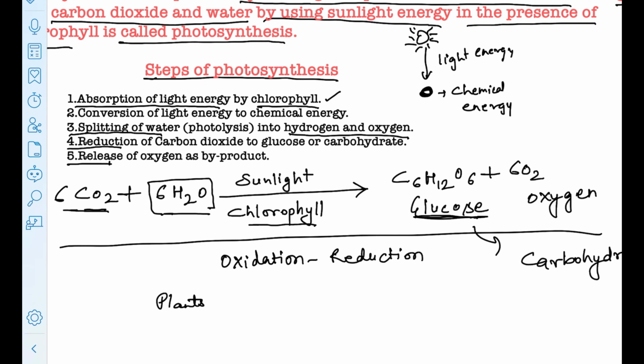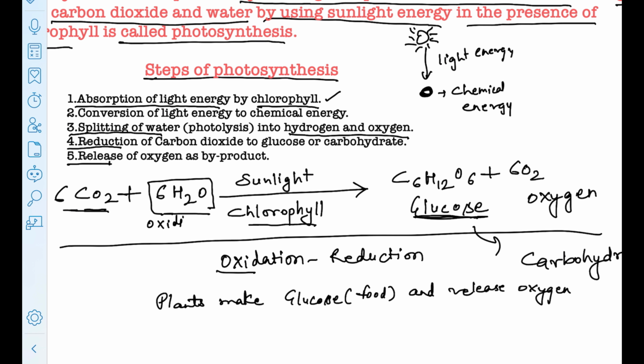What is the conclusion of this reaction? Plants make glucose and release oxygen. And we can also see that water is oxidized to form oxygen, right? And carbon dioxide is reduced to glucose. This can also come in your exam.